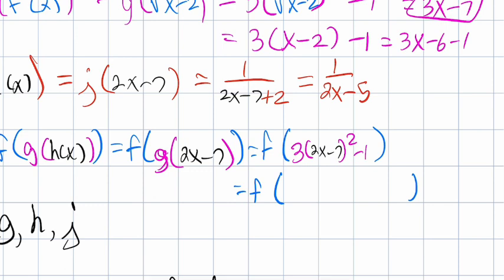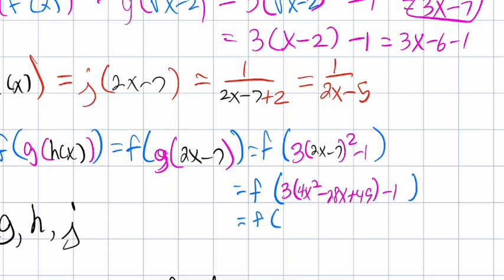Now remember, following order of operations, the 3 is just going to wait for us. We're going to do 2x minus 7 times 2x minus 7. When you do that, you get 4x squared minus 28x plus 49. And then let's distribute the 3 again.